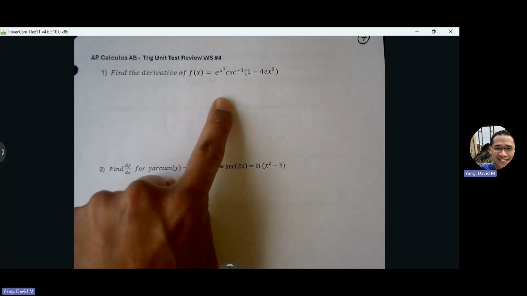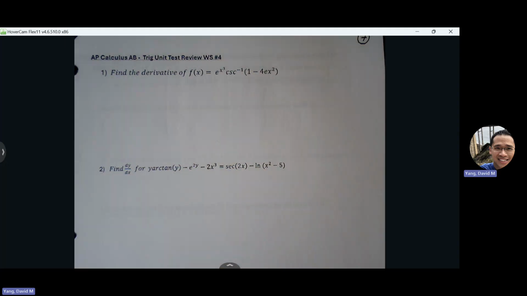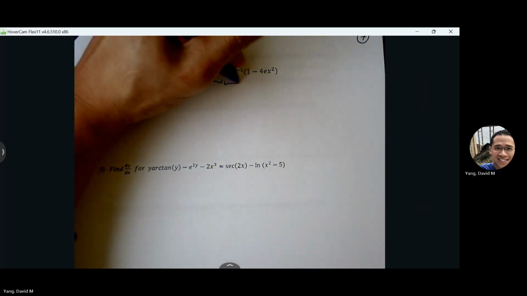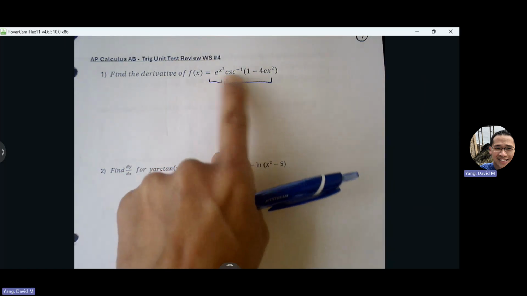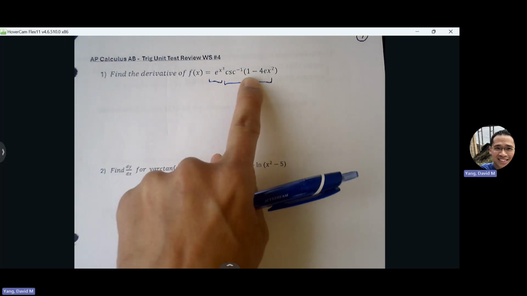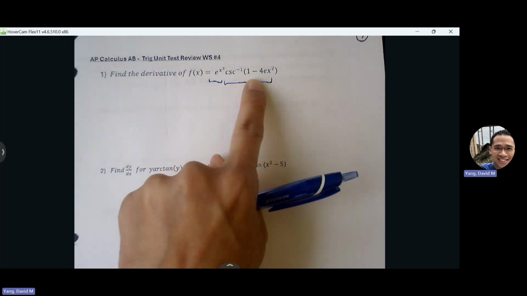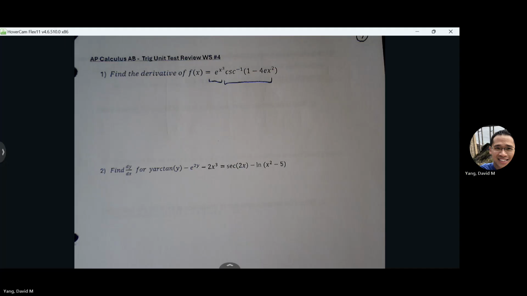Right, look at number 1. What do we have to involve here for the derivative? Product rule. Yeah. And then we have two rules, e to the u times u prime, and then inverse cosecant, which is similar to your arcsecant, just a negative version of it. All right, try that.